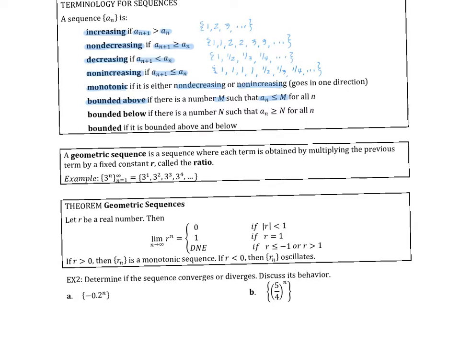If we look at the sequence that I had written earlier for the decreasing, 1, 1/2, 1/3, and so on, notice that if m is equal to 1, all the terms are going to be equal to 1 or smaller than 1.